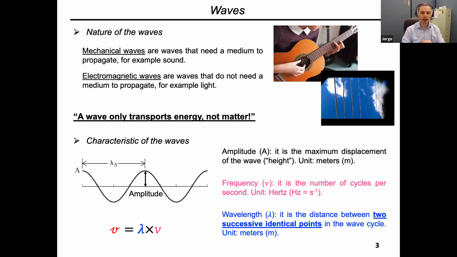There is a correlation between wavelength, speed, and frequency, and that's the fundamental equation of the waves. Speed, v, is equal to wavelength times frequency. Let's take a note here, and let's make sure we have everything squared up.